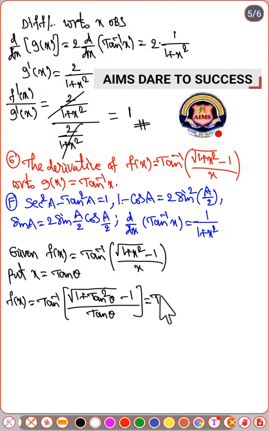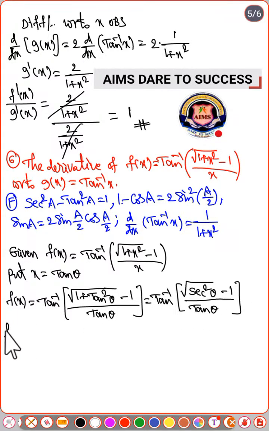Since secant square a minus tan square a is equal to 1, secant square a is equal to 1 plus tan square a. So root of 1 plus tan square theta is secant theta, and the square root gets cancelled, leaving tan inverse of secant theta minus 1, whole divided by tan theta.